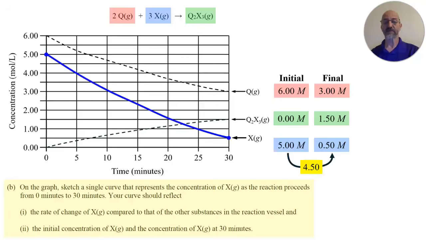So that's what I'm showing: substance X has an initial concentration of 5 molar, and then based on the fact that there's that 3-to-1 ratio between X and the product Q2X3, the change in concentration for substance X is 4.5, which is 3 times as much as the change in concentration for that product Q2X3. So I've now answered question 4, and again, this was part B of question 4.